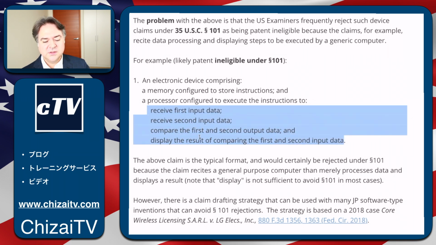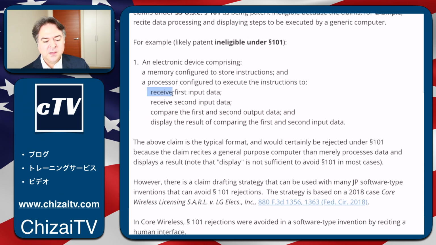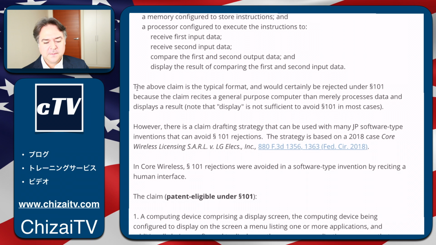These are the software steps: receive first input data, receive second input data, compare the data, and display the result of comparing the first and second input data. So basically you have receiving, comparing data, and then displaying some result. This will give you a rejection under 101 in the US because it's simple data processing and the display step is not enough to avoid 101.